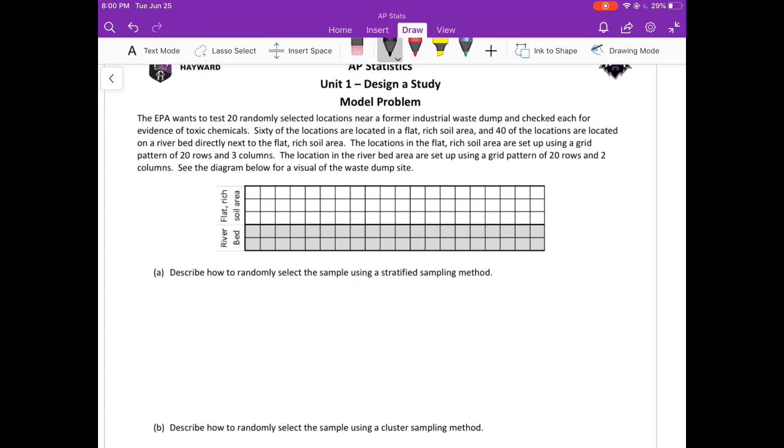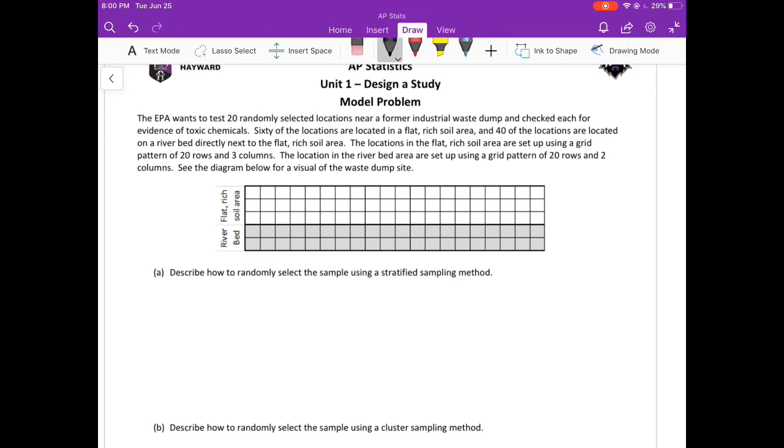The EPA wants to test 20 randomly selected locations near a former industrial waste dump and check each for evidence of toxic chemicals. 60 of the locations are located in a flat, rich soil area, and 40 of the locations are located in a riverbed directly next to the flat, rich soil area.